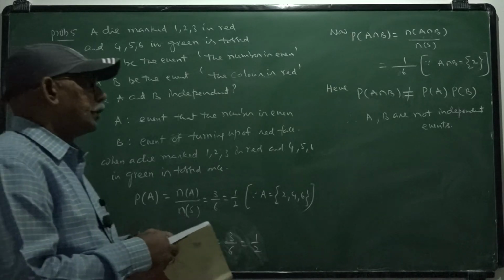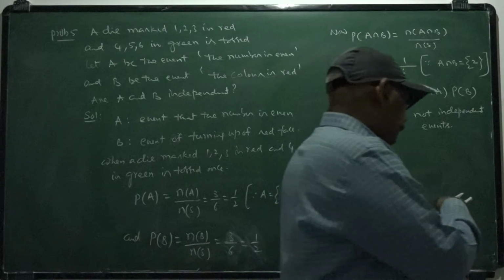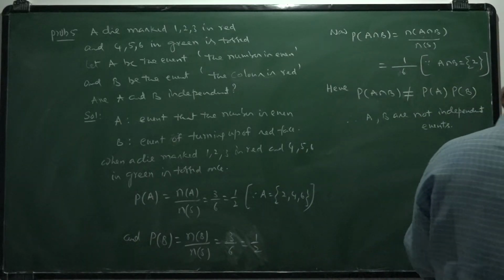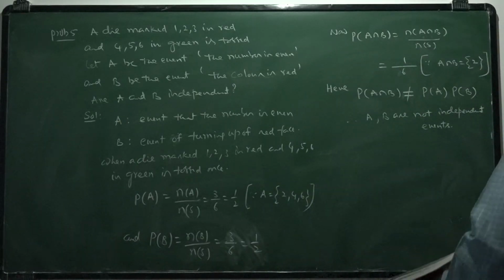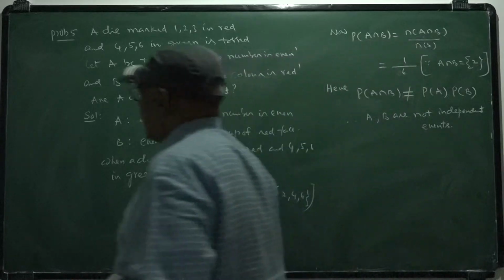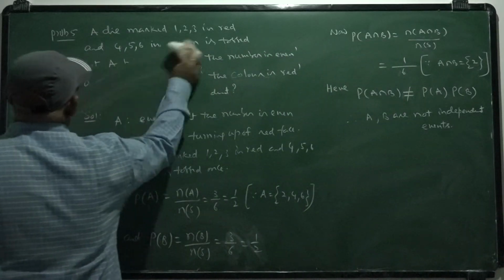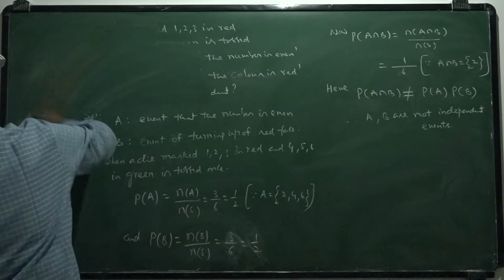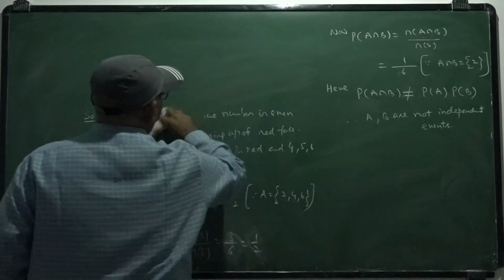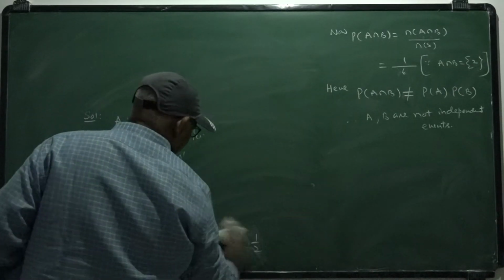Here the given events are not independent, because probability of A intersection B is not equal to probability of A into probability of B.